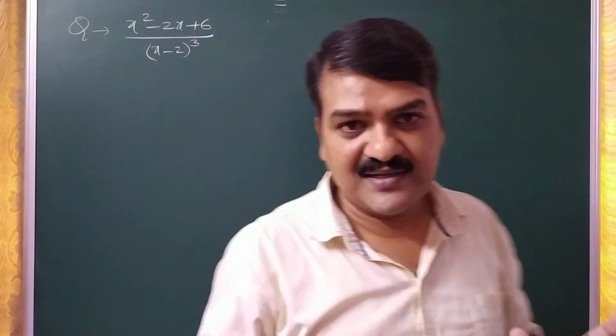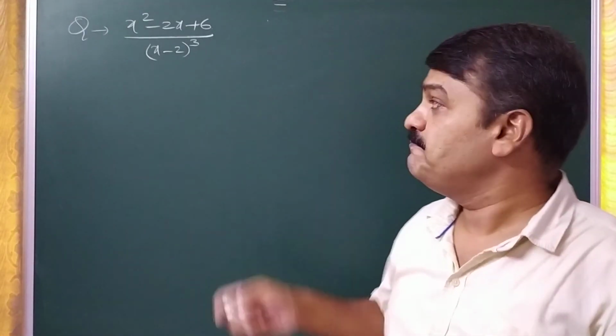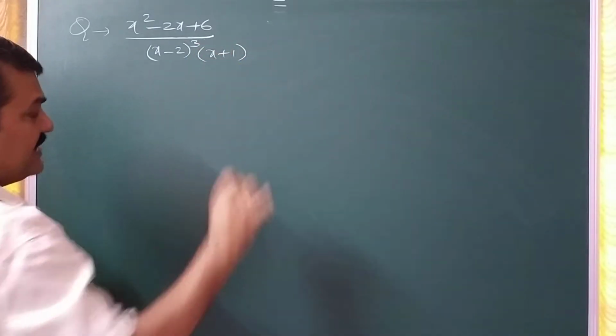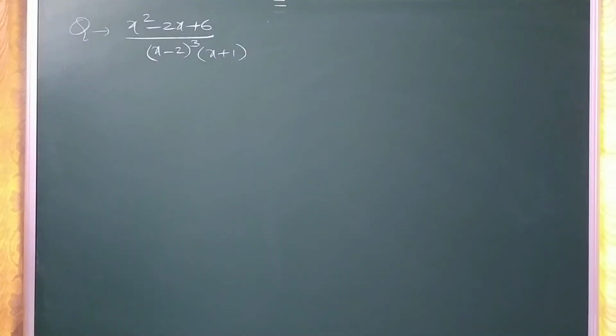We apply the shortcut when the denominator has only a repeated factor, meaning no other factor must be there. If the question has another factor as well, you cannot apply the shortcut and have to go with the normal process only.